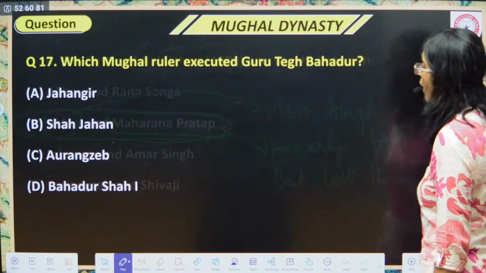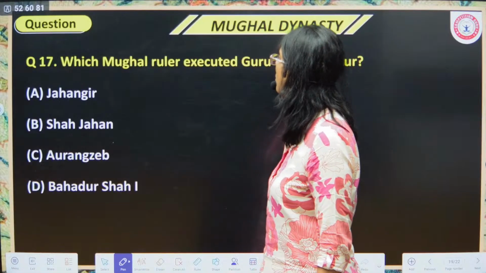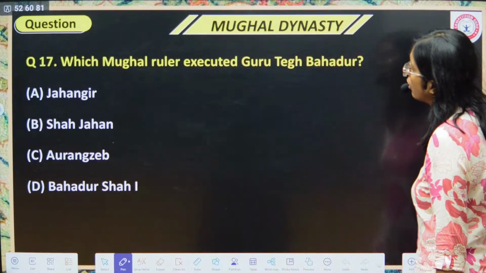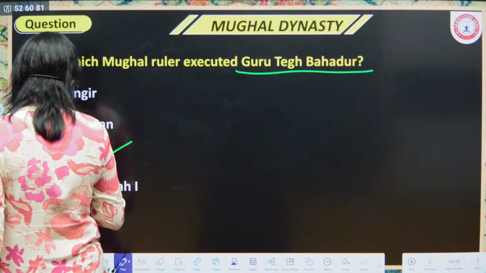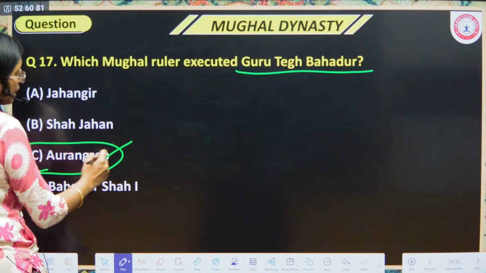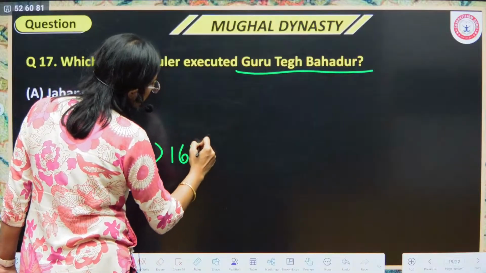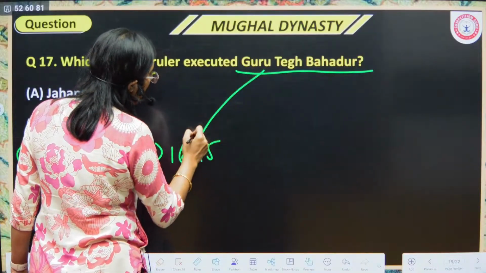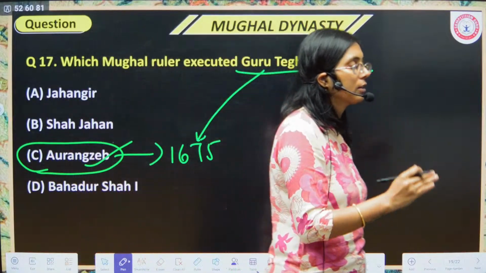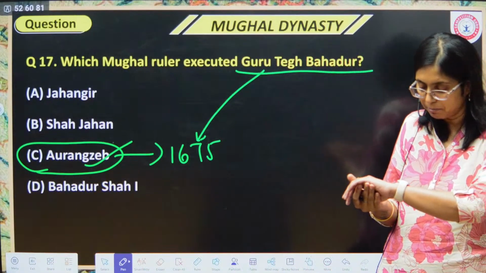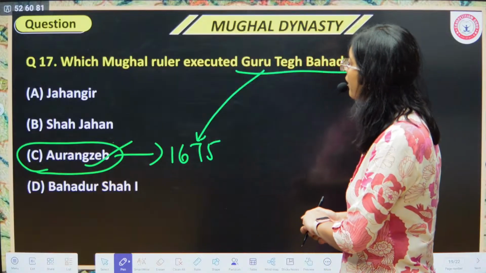Our next question is, which Mughal ruler executed Guru Tegh Bahadur? Yes, it was Aurangzeb, and it was done in 1675. This event was the turning point for the Sikh community. Right?